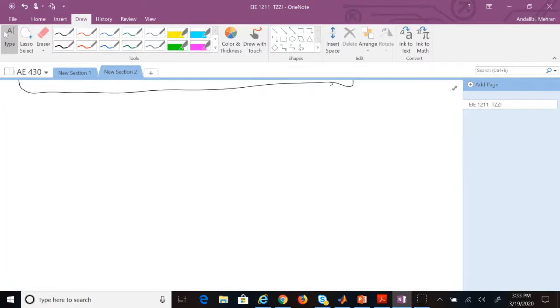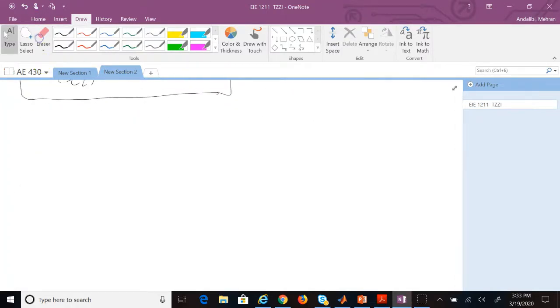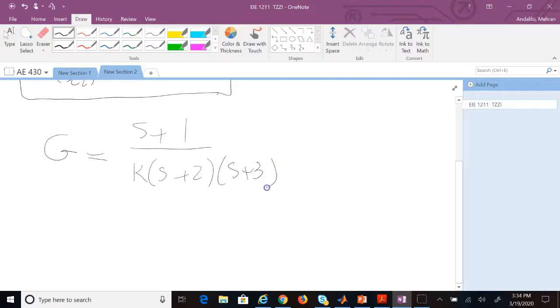Let's go through an example together and see what we should do about it. So let's say G is equal to (s plus 1) times K over, or let me write it as linear terms, (s plus 2) times (s plus 3).